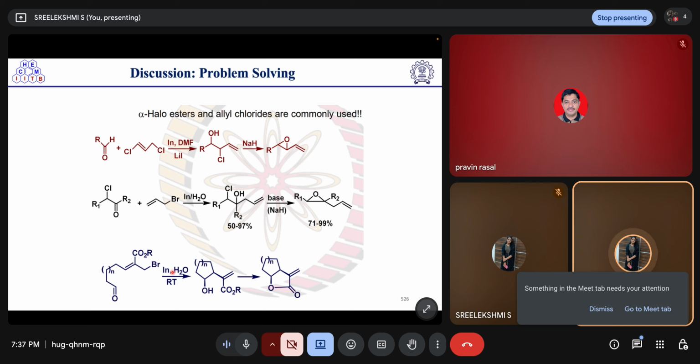Similarly here, firstly this is attacking over this center, and here indium will be coming.